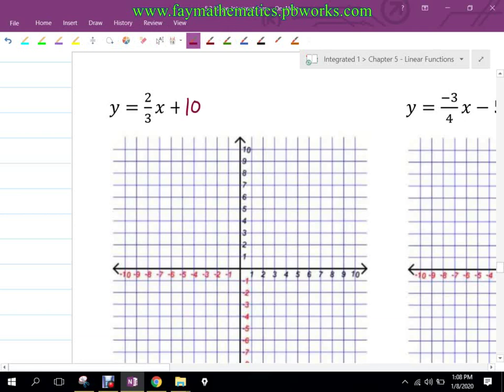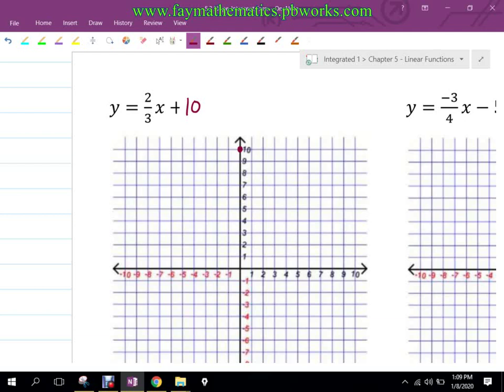Change that 3 to a 10 right there. So if I have that, what's your y-intercept? 10, so that's the first point you plot, right? Okay, a point there at 0, 10. The next thing you're going to do is apply your slope. What's your slope? Up 2 and then right 3, correct?